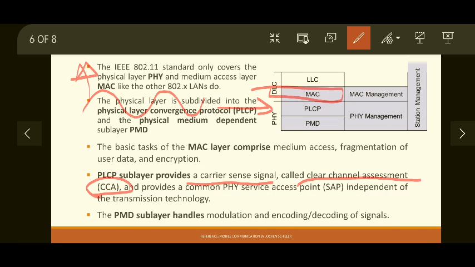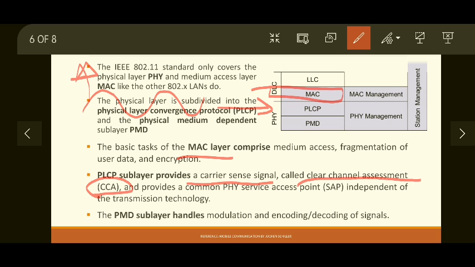So the PLCP sublayer's primary job is to generate a carrier sense signal which will provide information regarding the medium's availability. Okay, that can be used by the MAC layer.